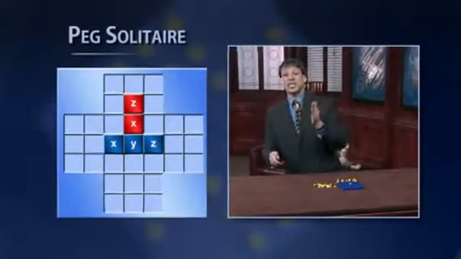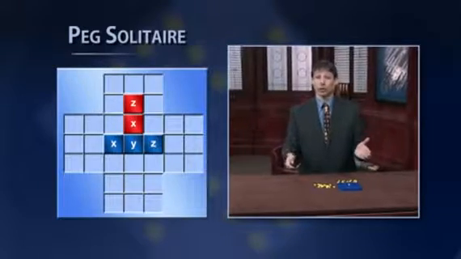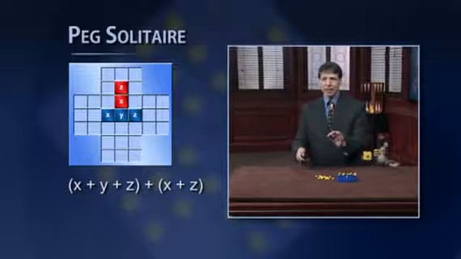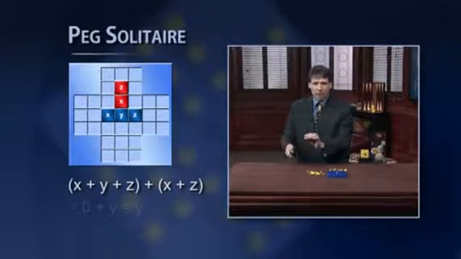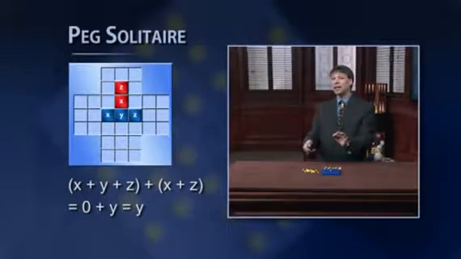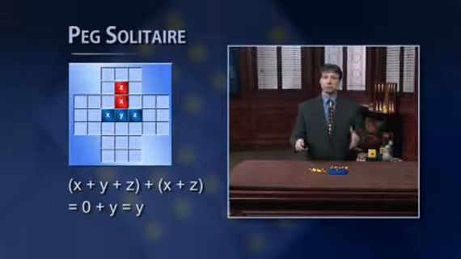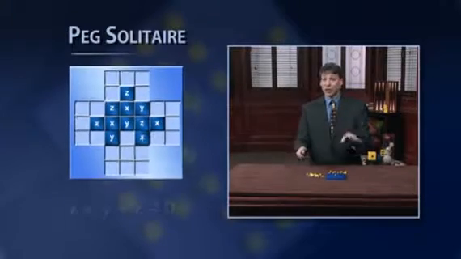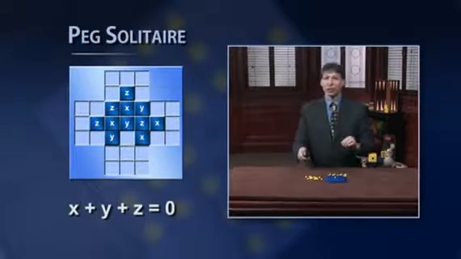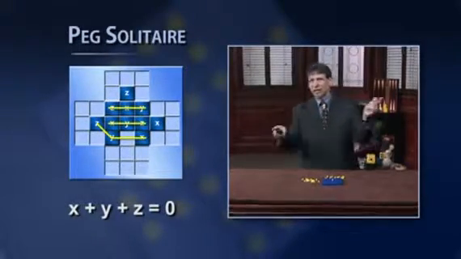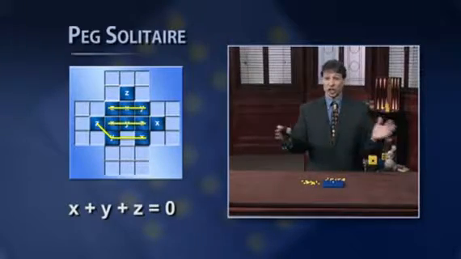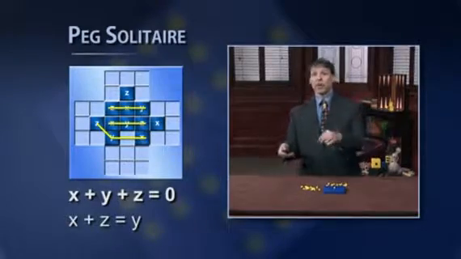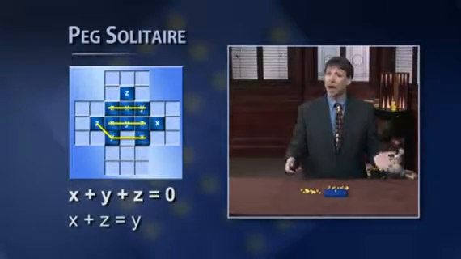For example, the T formation that we saw earlier has signature X plus Y plus Z plus X plus Z. That's 0 plus Y, which is Y. Okay, how about the house position? Exploiting the fact that X plus Y plus Z is 0, I see 3 XYZ triples, each of which sums to 0, so we could ignore those. So the signature here is X plus Z, which is Y.